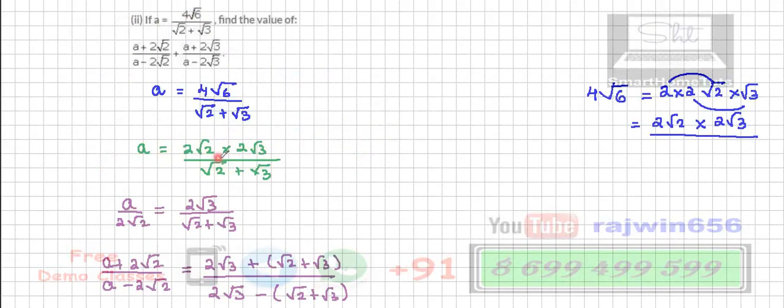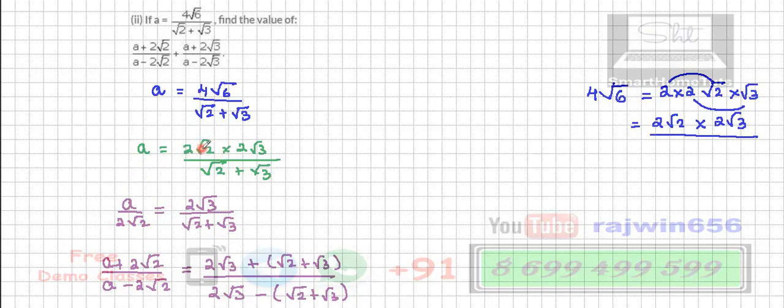Now I'm going to do the same thing over here. Okay, because the second term over here is a plus 2 root 3 upon a minus 2 root 3. So instead of bringing this 2 root 2 down, in my next step, I'm going to bring this 2 root 3 down over here, in the denominator, and this 2 root 2 is going to remain over here.